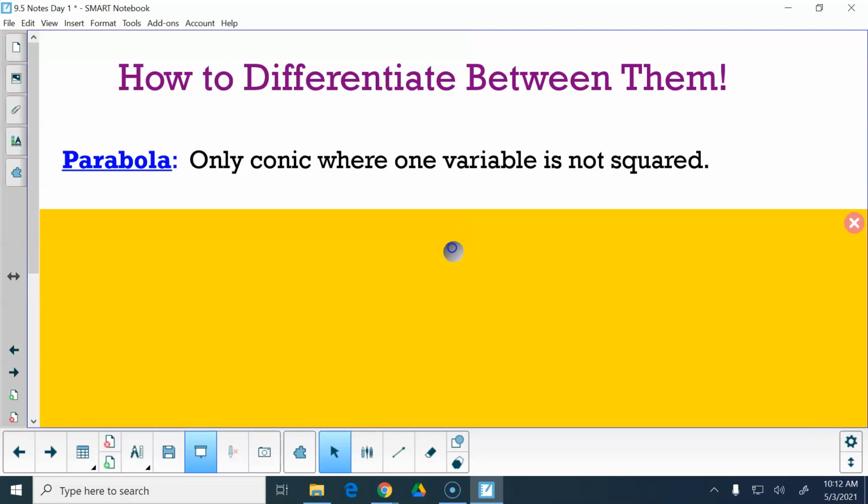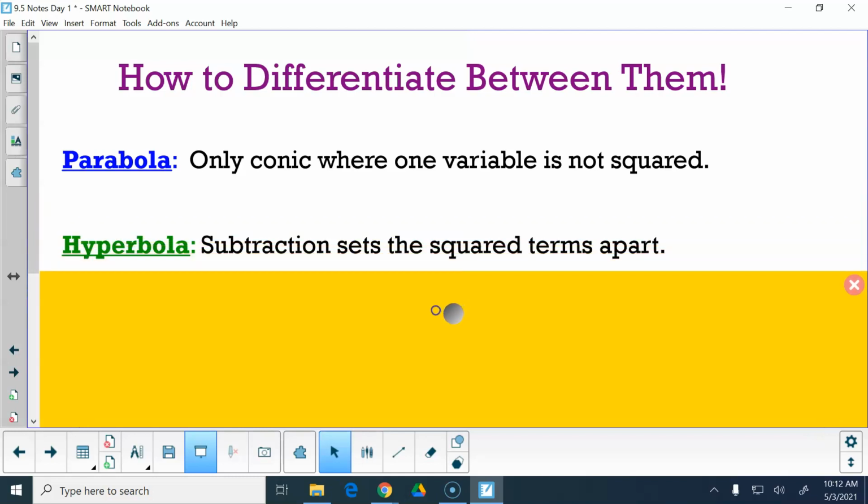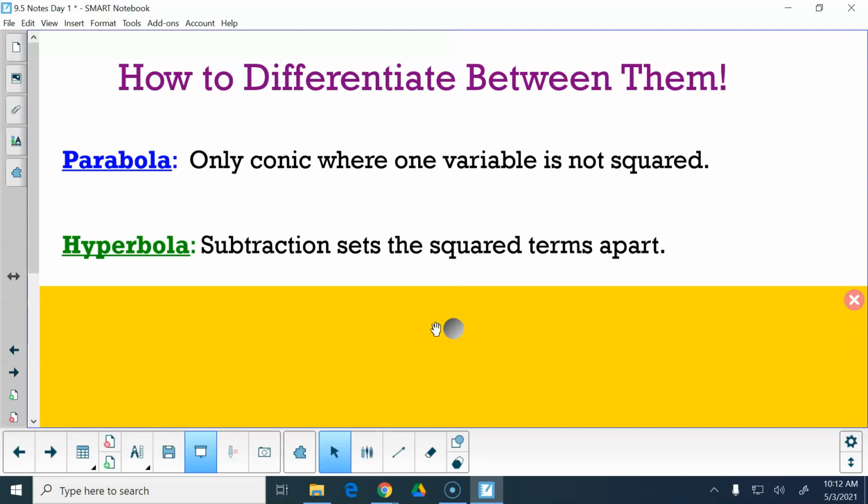Oh, hyperbola is the second. I couldn't remember what order I did them. A hyperbola is the only one that has a subtraction sign in front of one of the squared variables.